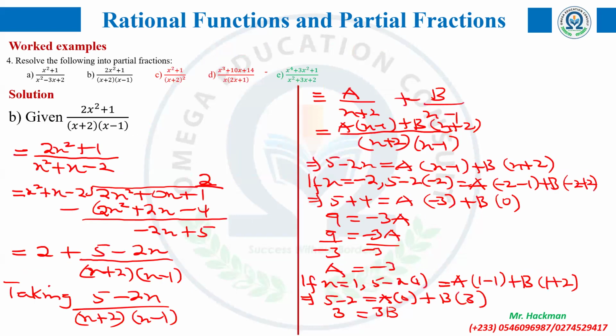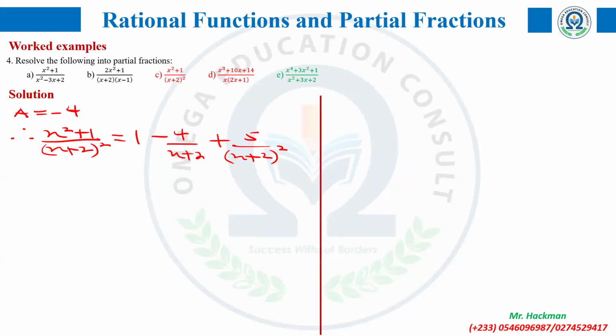So obviously, this should tell you that the substitution method will be what? Ideal. So take notes of that. And that one will be ideal when there is only one repeated factor in the denominator, no other factor attached. So this will be it for lesson 4 of rational functions and partial fractions.